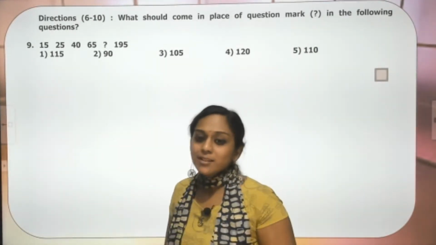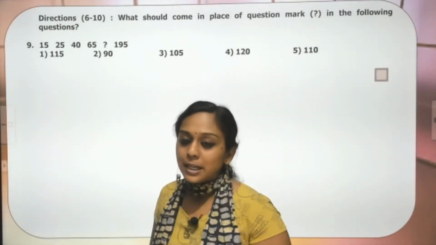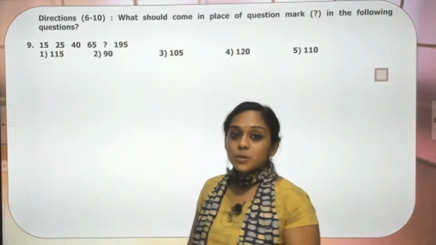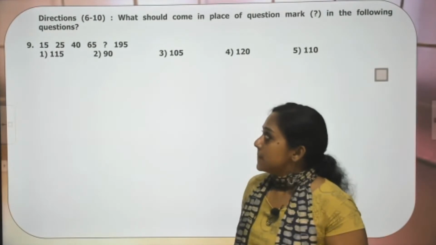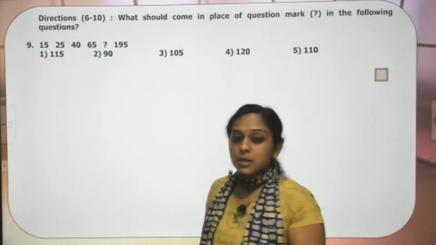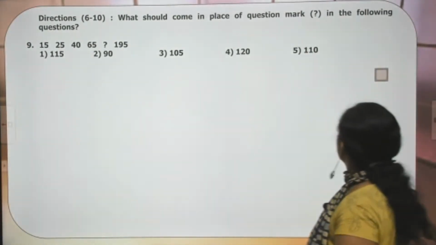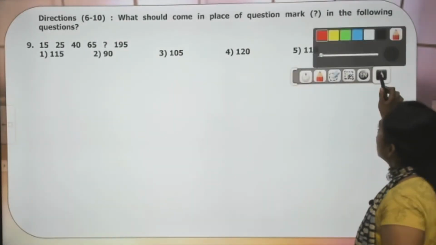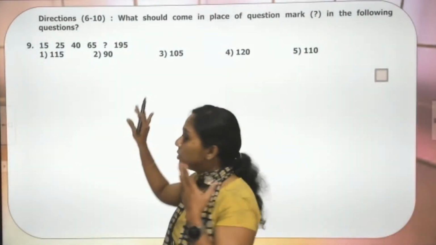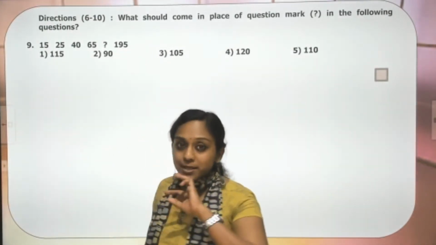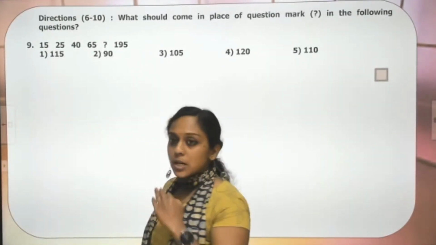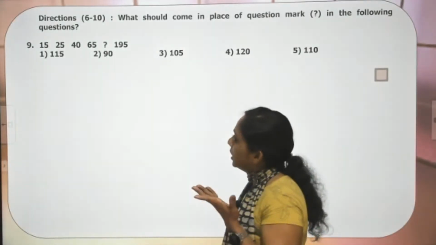When you move forward with that pattern, you won't get the answer as 195. Most of us will be trying to take the difference, but once you take the difference, this 195 will not be satisfied there. So now you have to think out of the box.